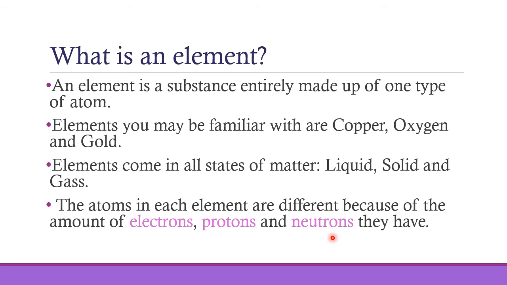Everything with mass that we've been looking at so far is made up of atoms. What makes an element different is that all these atoms look different. So when they build up to make the elements, they look completely different. So let's move on here.